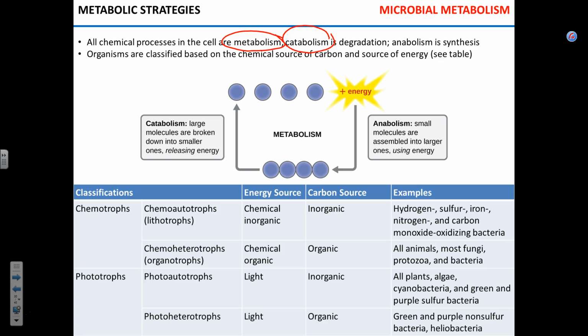When smaller molecules are put together and form larger ones, those are anabolic reactions. There are billions of reactions going on at any given moment in a cell.